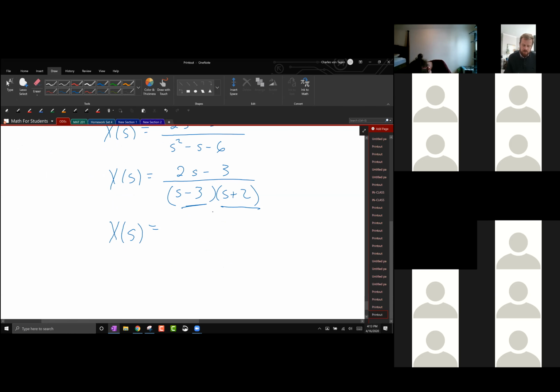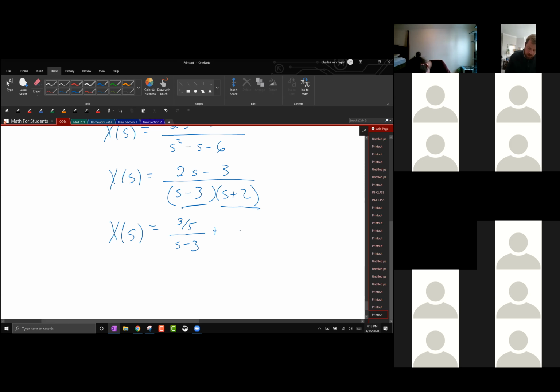So I'm going to cover up the s minus 3 factor and replace all of the s's with a 3. And when I do that, I get 6 minus 3 is 3 all over 5. So I get 3/5 over s minus 3. Using that cover-up technique.